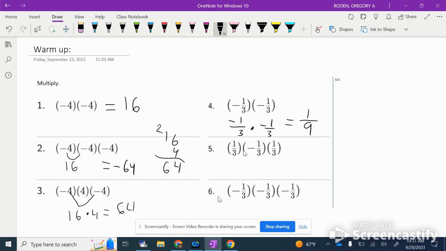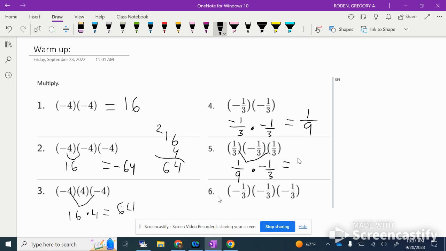Now, let's combine these two here. Let's do this bit first. These two positive 1/3. Is my answer going to be positive or negative, guys? Positive. So I'll have 1/9 times that middle one now, negative 1/3. Multiply across the top. 1 times negative 1. What's my answer going to be? Negative 1, because my signs are different. One of them is positive, one is negative.